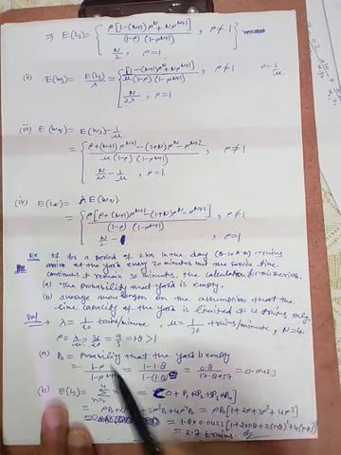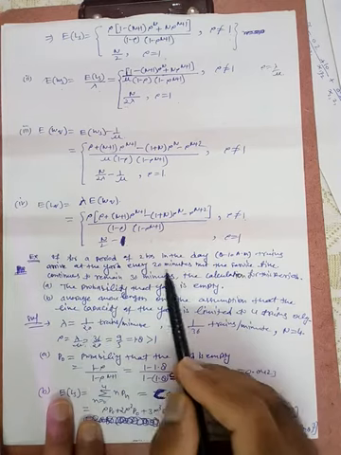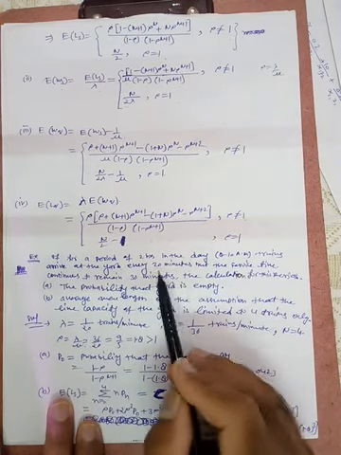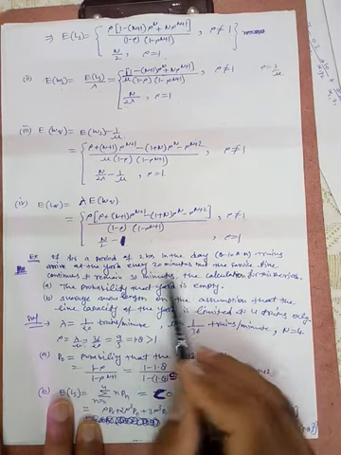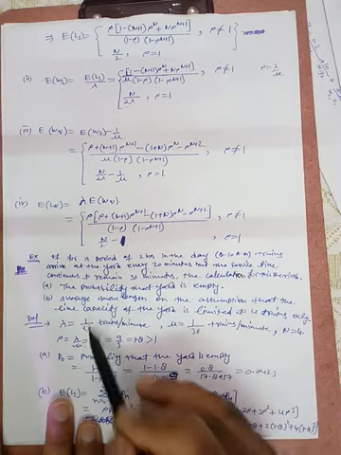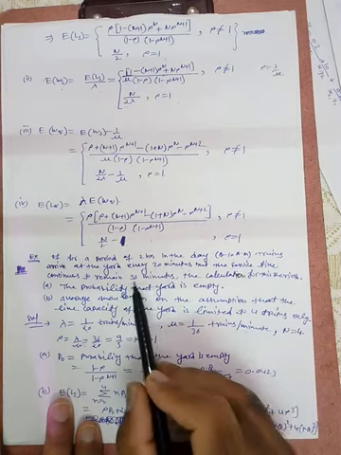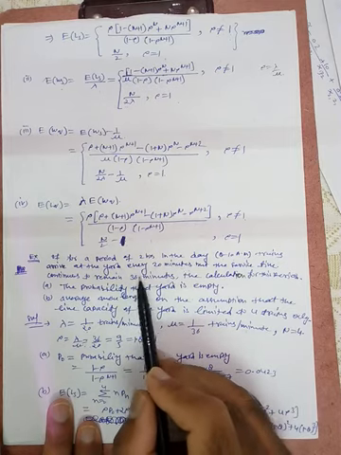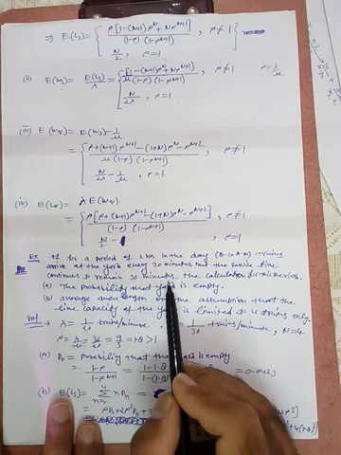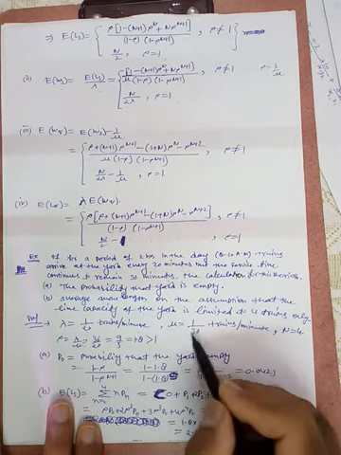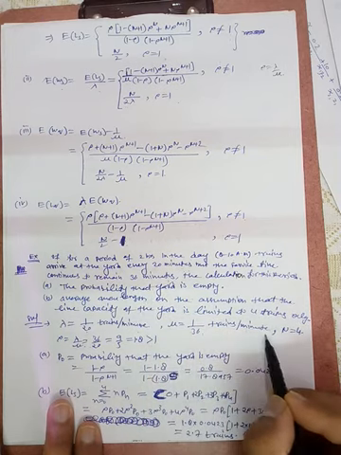So first, what is given to you? Lambda is 1 by 20 trains, because the duration between two trains is 20 minutes. So the rate will be 1 by 20 trains per minute. Mu is the service rate. Each train requires 36 minutes for service, so the service rate will be 1 by 36 trains per minute.